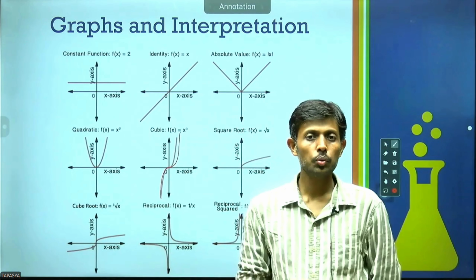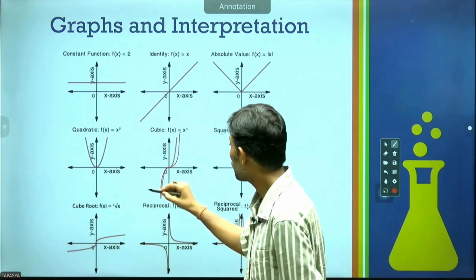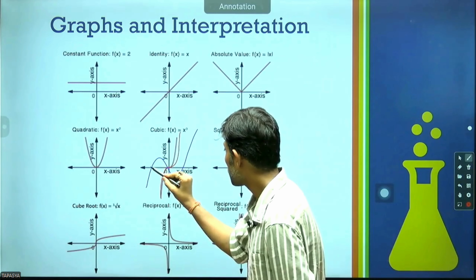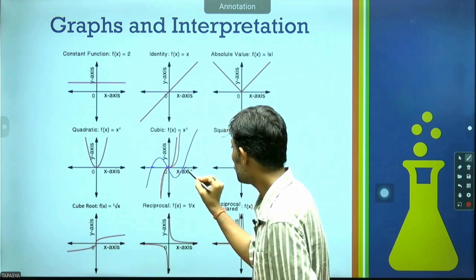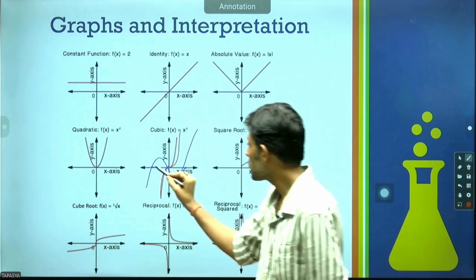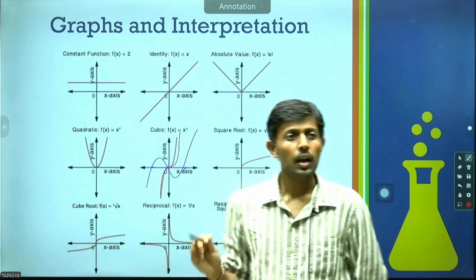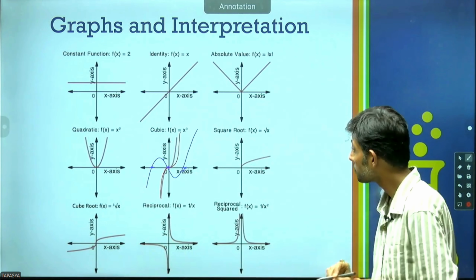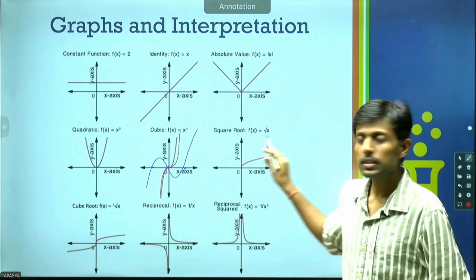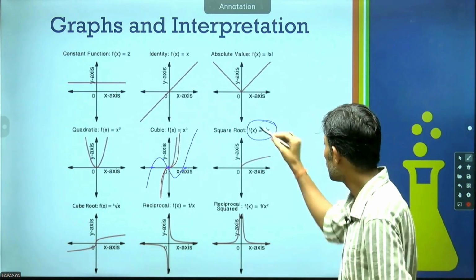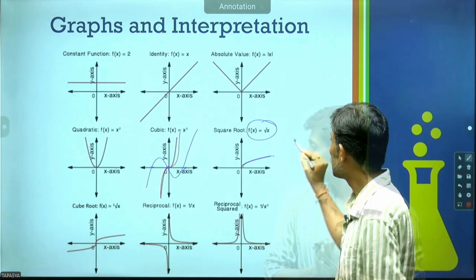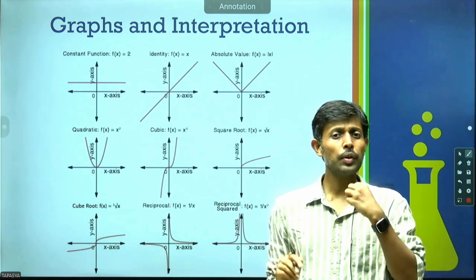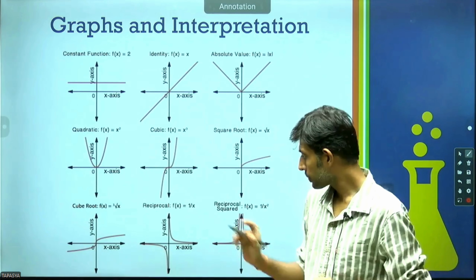Now, this is also a cubic graph, by the way. It has 3 roots, 1, 2, 3, because it's cutting the x-axis at 3 points. So cubic variation is shown like this. Similarly, you can take a look at the others. Root x goes like this. Similarly, you can take a look at the other graphs and just familiarize yourself with these.